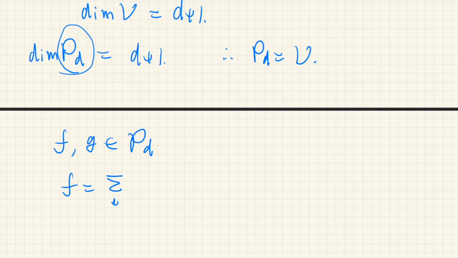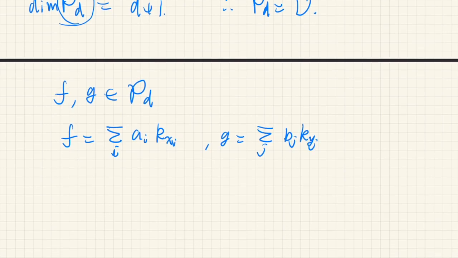So let's say f is sum of ai k_{xi}, and g is a linear combination of bj and k_{yj}.